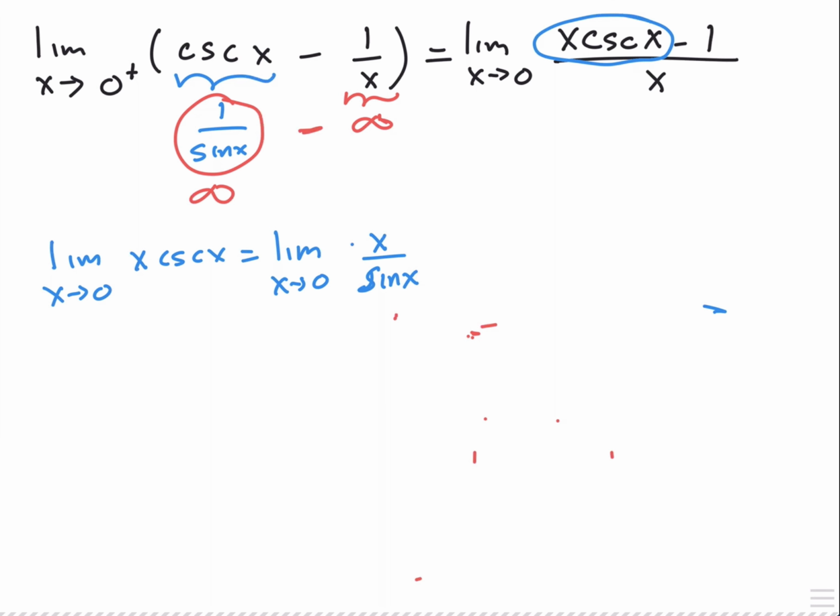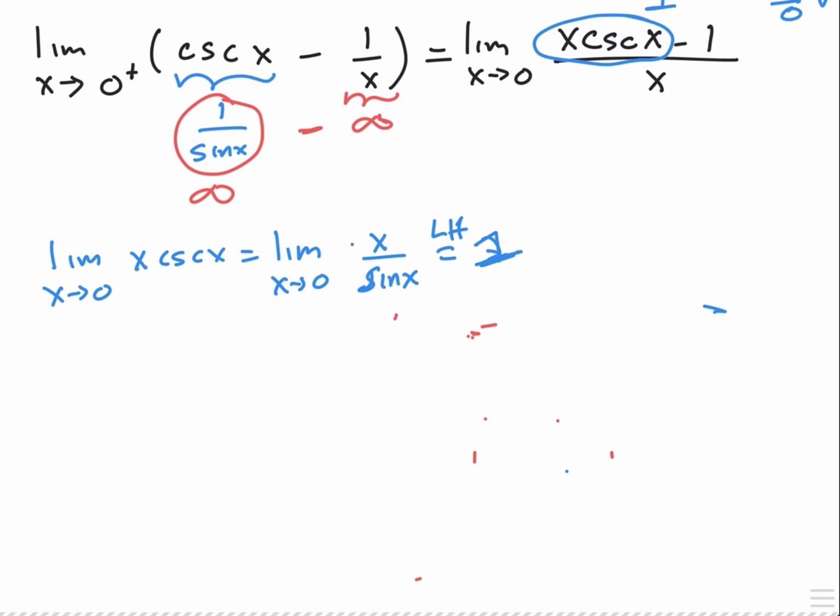Does that look familiar? That's 1, right? That's the very first example we did, just the reciprocal of it. Or if you just do L'Hopital's rule once on that, get the derivative of the top and bottom, you get 1 over 1, right? So this is 1 minus 1, which is 0 over 0. So that means that we now can use L'Hopital's rule on that one. Does that make sense? You with me?